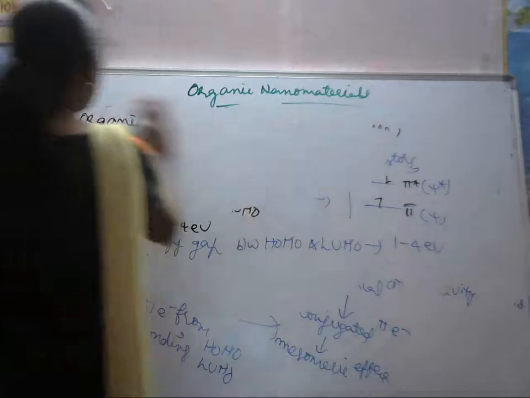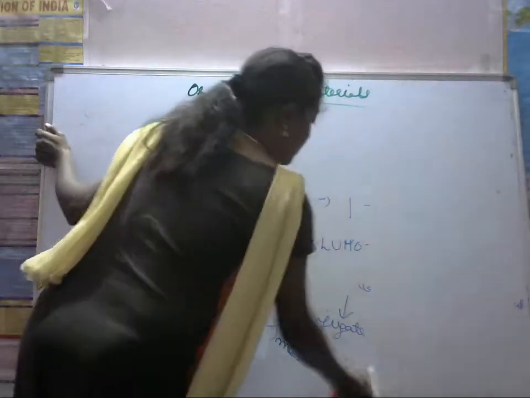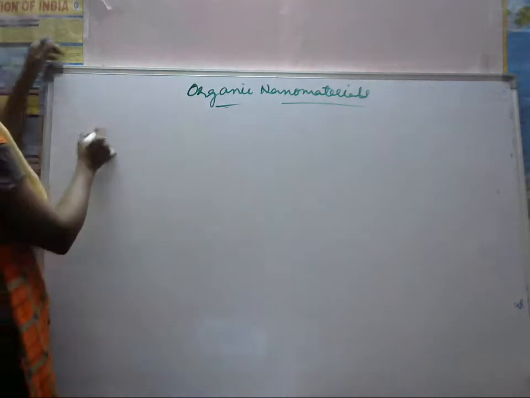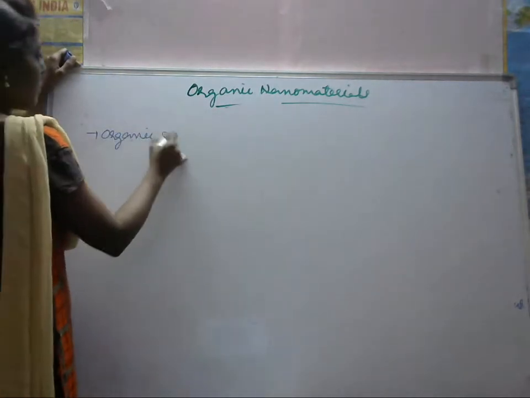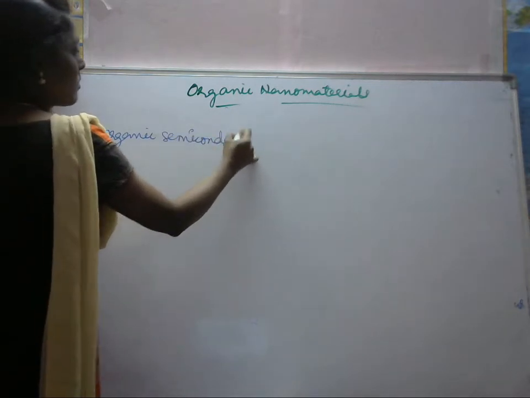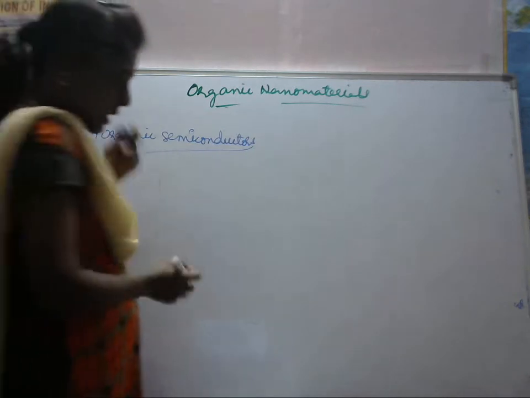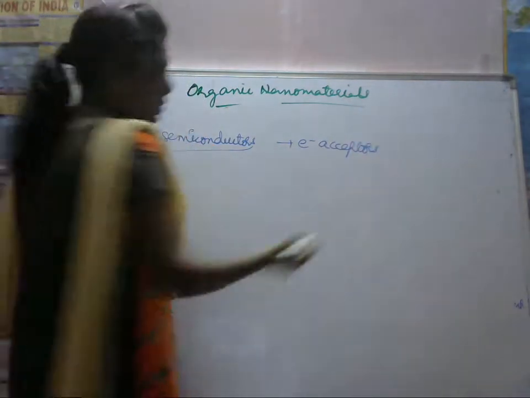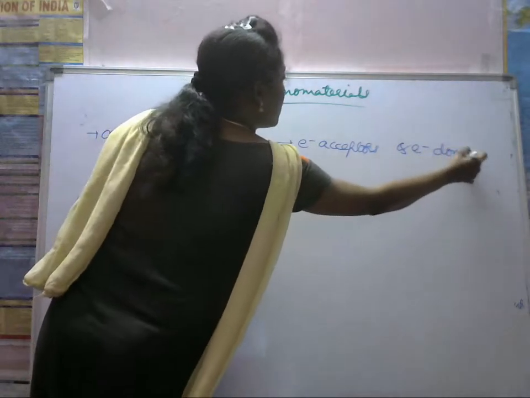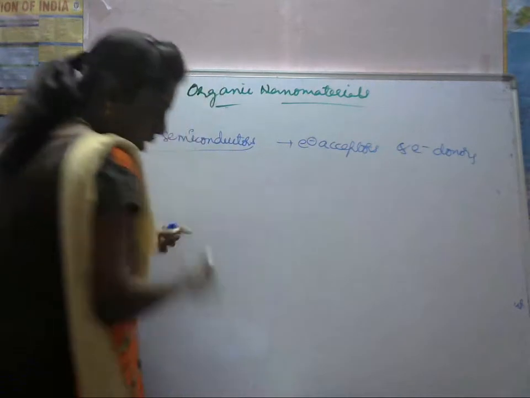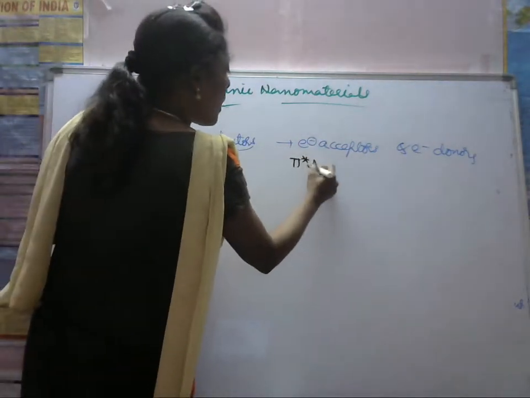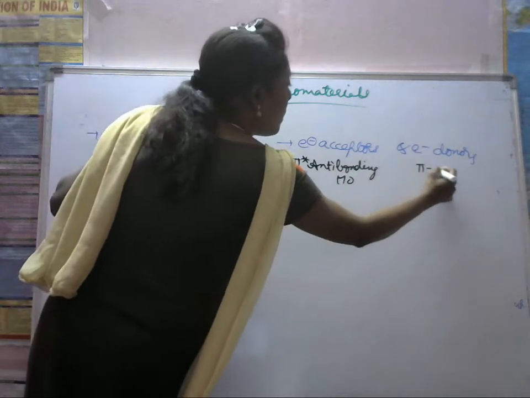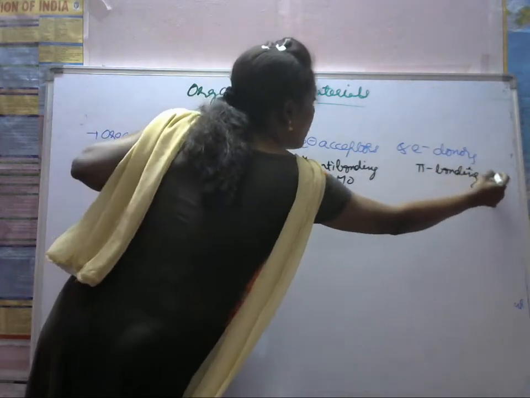Let's see what the differences are between organic and inorganic semiconductors. In organic semiconductors, electron acceptors as well as electron donors are present. This is the pi star anti-bonding MO and this is the pi bonding MO, where MO means molecular orbital.